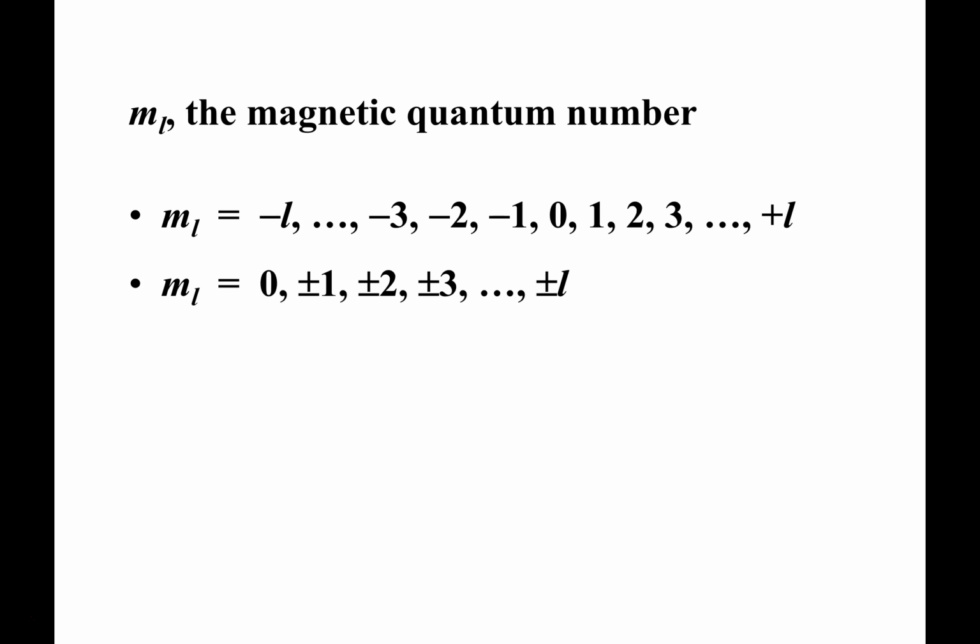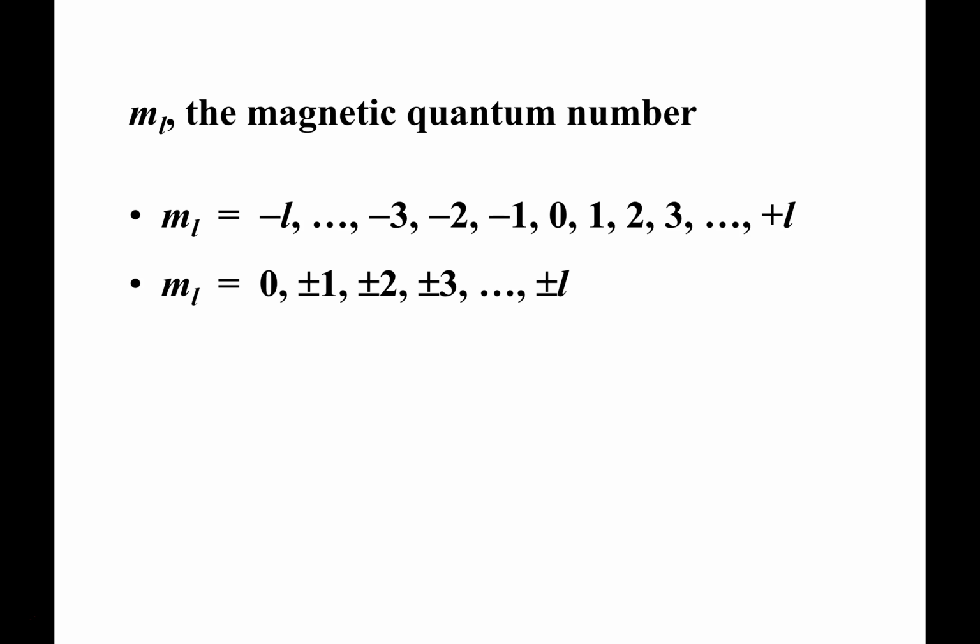Now, let's go for the P-type subshell. And this could be a 2P, 3P, 4P, anything. We know we've got 3 orbitals. We need to give those an M sub L value. This is my favorite way to do it. I pick the middle one and call it 0, and I'll call this one plus 1, and this is minus 1.